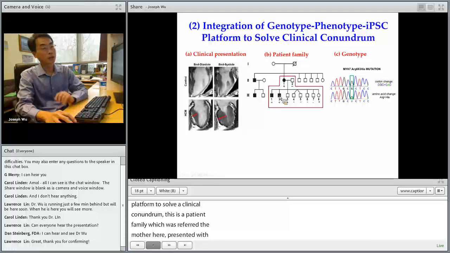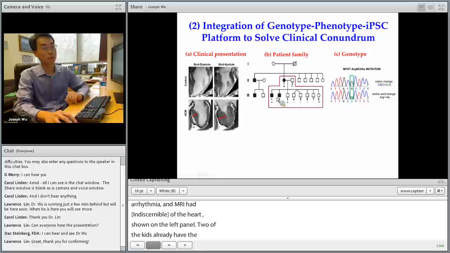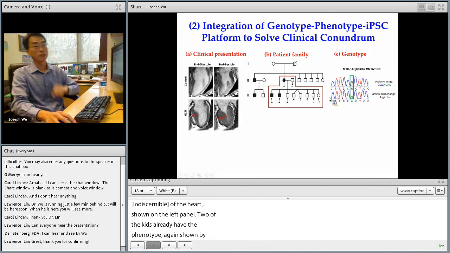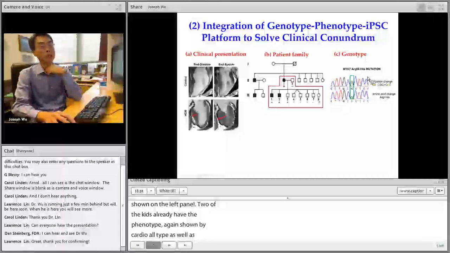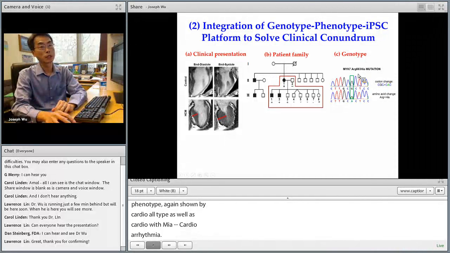It turns out that two of her kids already have the phenotype, which is shown by cardiac hypertrophy as well as cardiac arrhythmia. Because it runs in this family, we decided to do DNA sequencing, and the DNA sequencing shows the myosin heavy chain 7 gene with an alternating histidine switch as shown here.